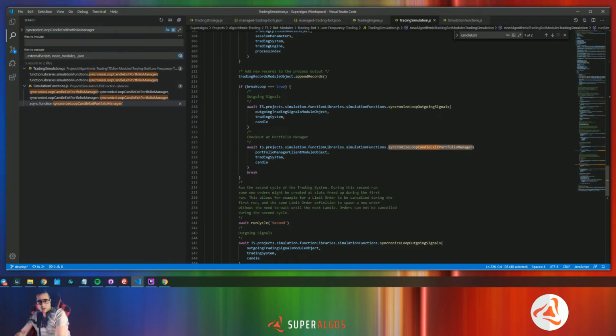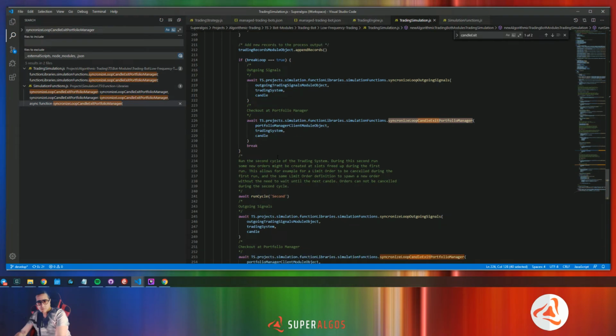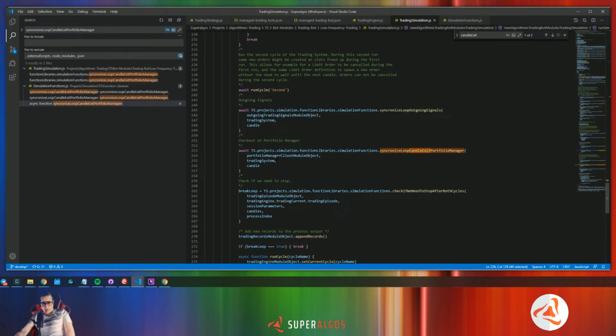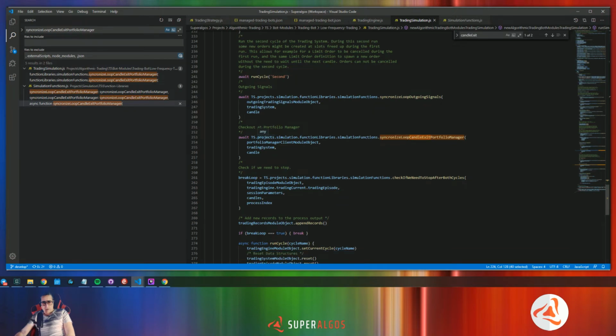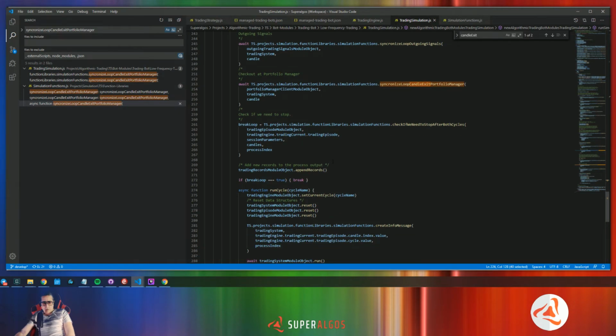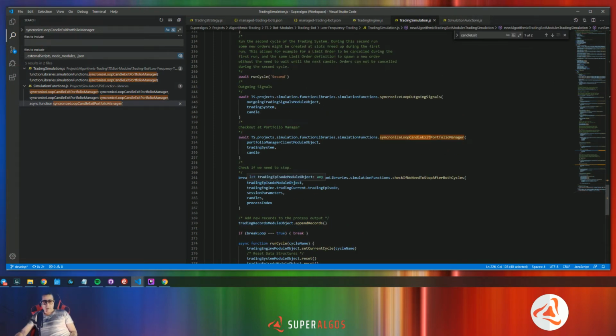One, if we have to break the loop, we do it here. Or if we don't have to break the loop, after we run the second cycle, then we append the record. So this looks good to me. Okay.